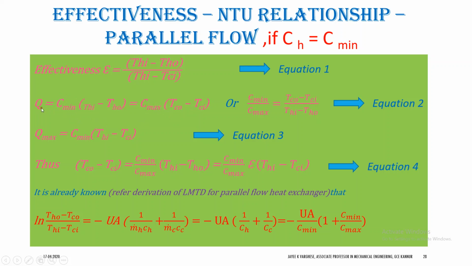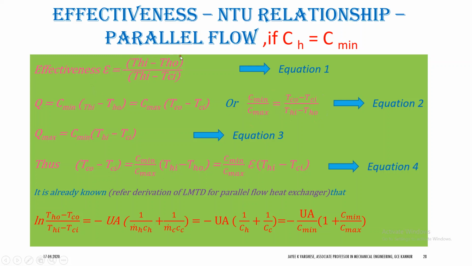So Q is written like this. Or from this we can have a relation for C min by C max. C min by C max in this case will be TCO minus TCI divided by THI minus THO. So we have a relation for effectiveness, and we have a relation for C min by C max like this.